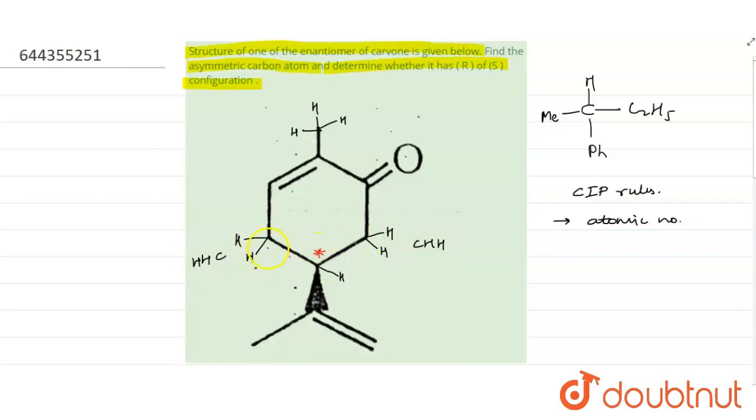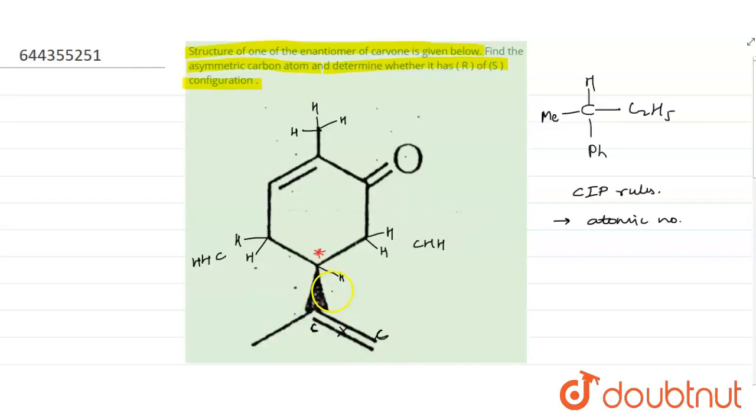So both of the carbons we can give the same priority because both have one carbon which has the same atomic number. So that's why we'll go to the third group that has carbon here. This is a carbon, and this particular bond we have to break and see. If we break this bond, there is a carbon here and there is another carbon here.